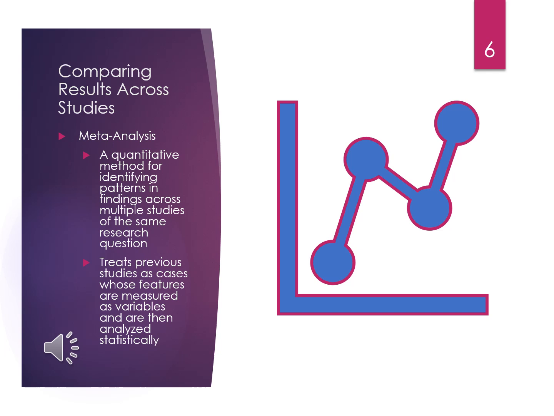The quantitative analysis of findings from multiple studies is your meta-analysis, a quantitative method for identifying patterns and findings across multiple studies of the same research question. This meta-analysis treats previous studies as cases whose features are measured as variables and then are analyzed statistically.